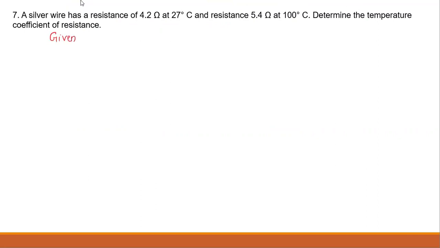Given: R1 is equal to 4.2 ohm. T1 is 27 degrees Celsius. R2 is 5.4 ohm. T2 is 100 degrees Celsius. We want to find out the temperature coefficient, that is alpha.